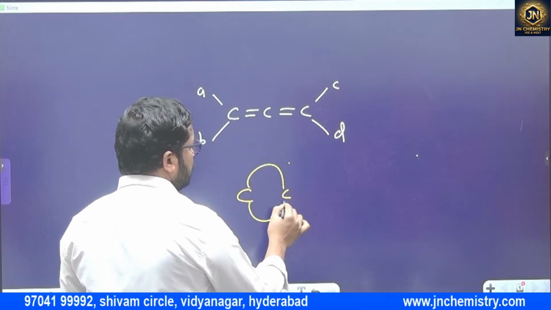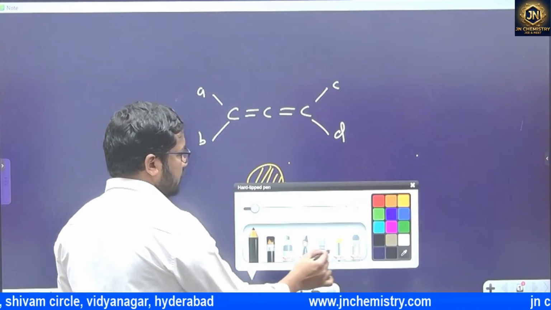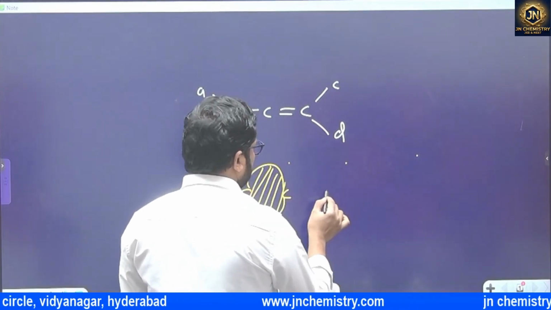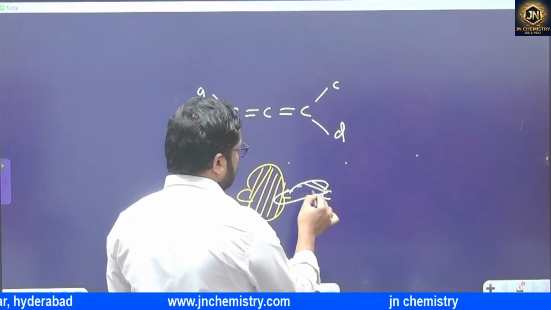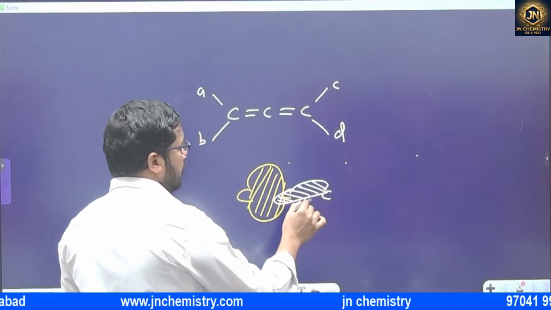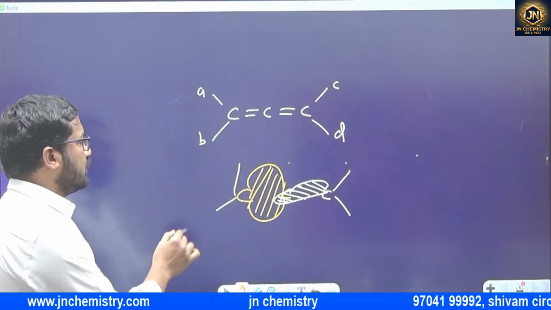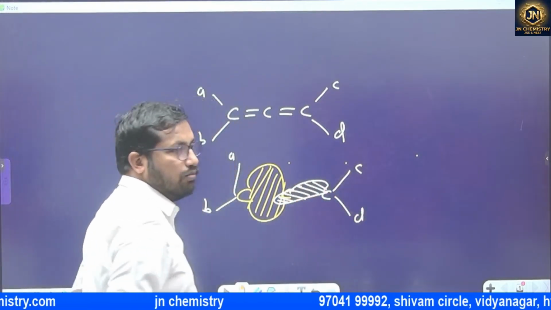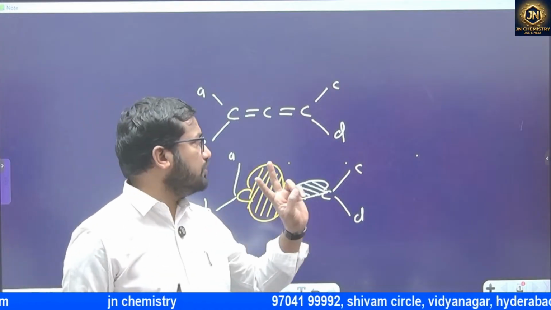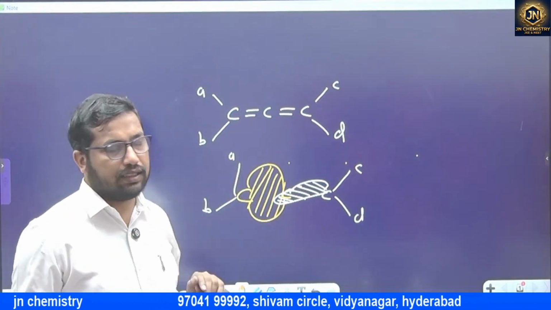Why? Both are perpendicular to each other, like this. So for example, A, B, C, D. Both are perpendicular. For example, we know same side means cis, opposite side means trans, right?